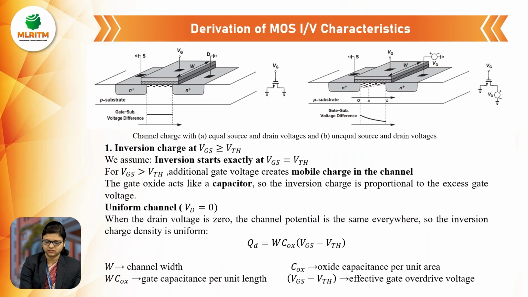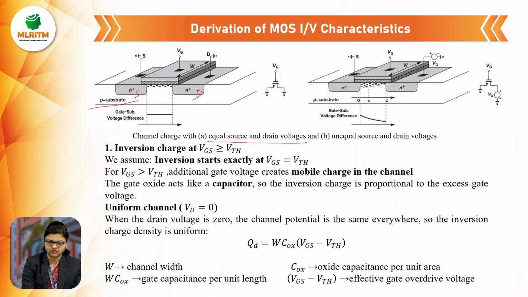Here we have two figures. This is the n-channel MOSFET. You can see that this is the source and this is the drain, which are heavily doped regions, and here this is the p-type substrate. So this is basically an NMOS. In the first diagram, we have kept the source and drain voltages equal.